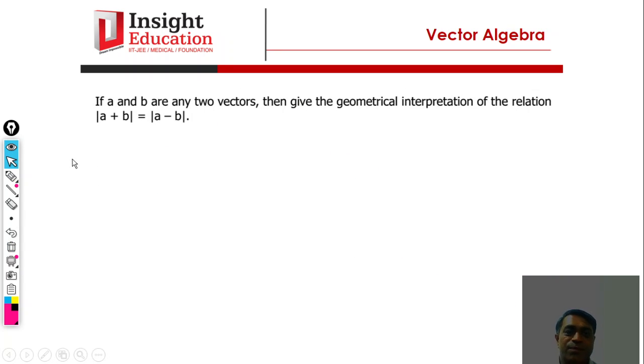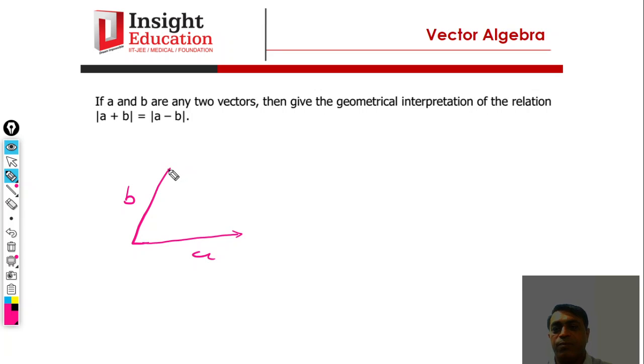સાવ easy examples છે બરાબર, પણ એમાં થોડુંક કંઈક ને કંઈક કરામત હશે. So if a and b are any two vectors, give the geometrical interpretation of the relation. Suppose vector a and vector b.